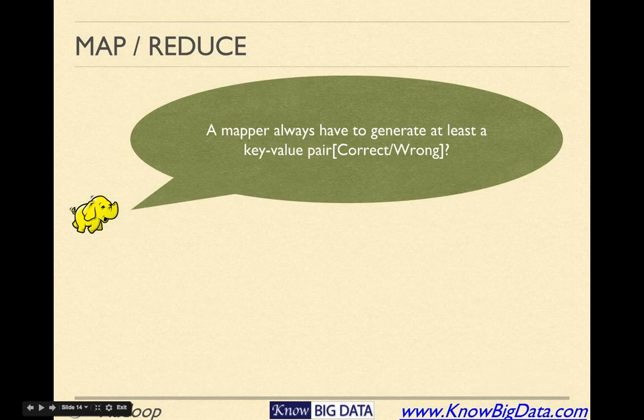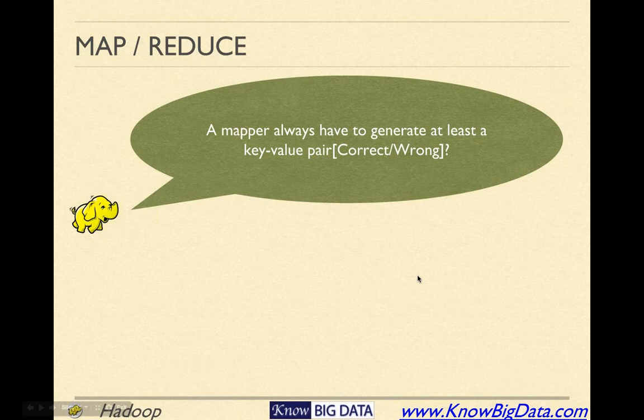Now here is a variation of the previous question. A mapper always has to generate at least one key value pair. Here the keywords are always and at least.